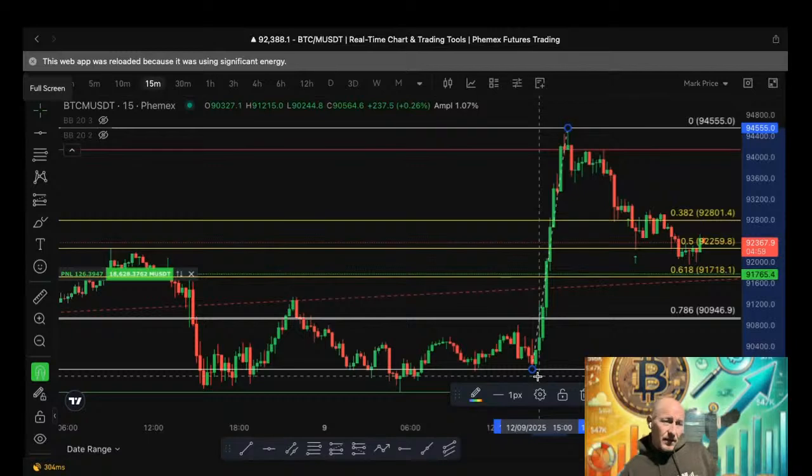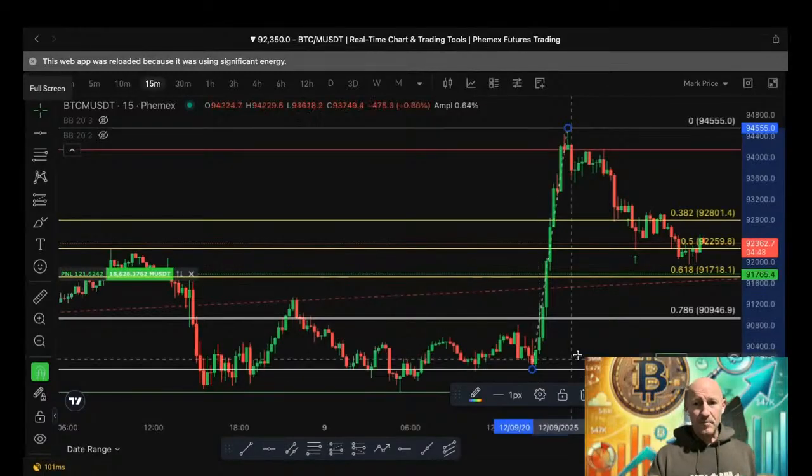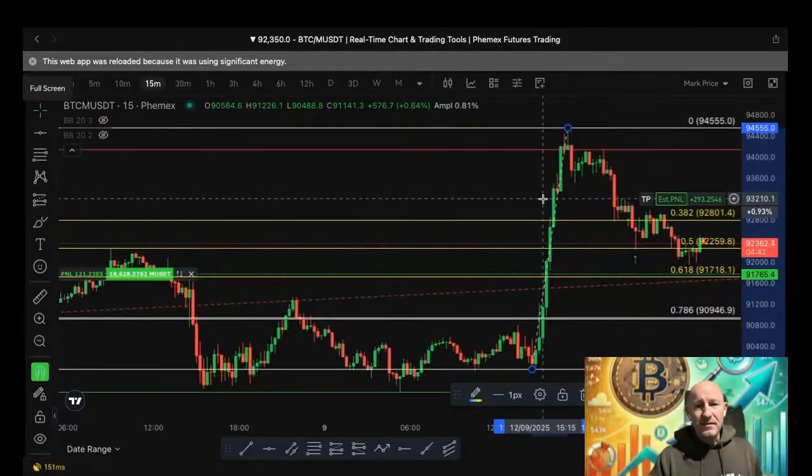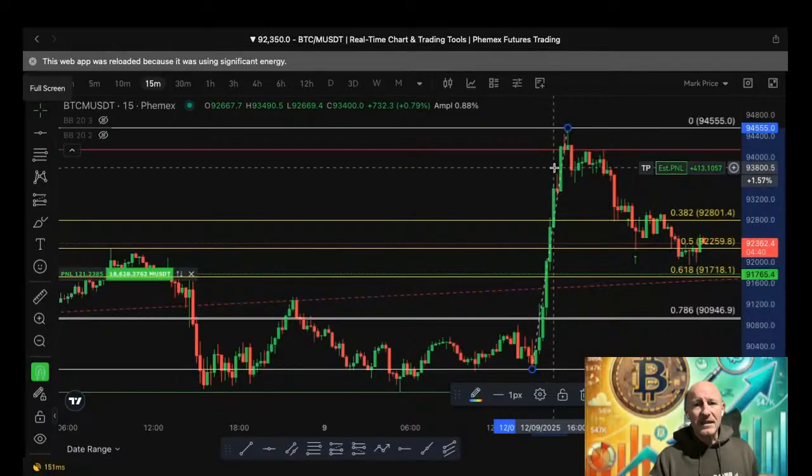So, if you're selling Bitcoin right now, which a lot of people are, because when the markets move like this, really fast, steep rise like that, it can't sustain itself like that.